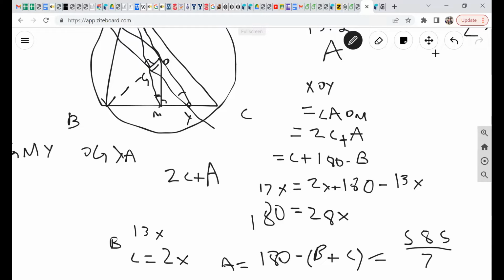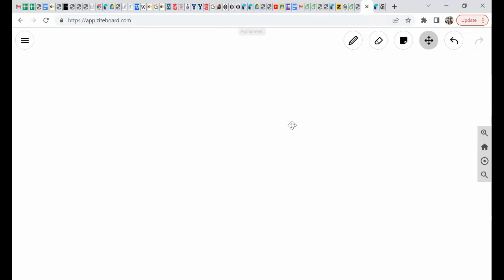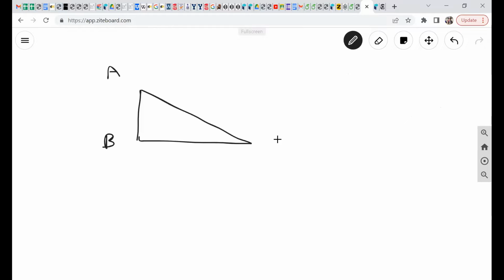Yeah, sorry for running over time, but the problem I'm going to leave you off with is something that I wrote a while ago. So let's say that we have right triangle ABC.